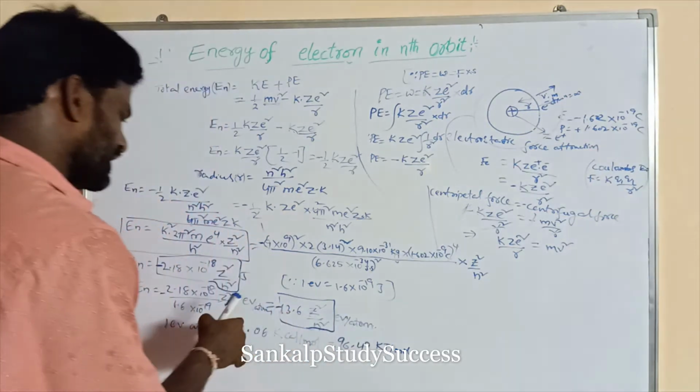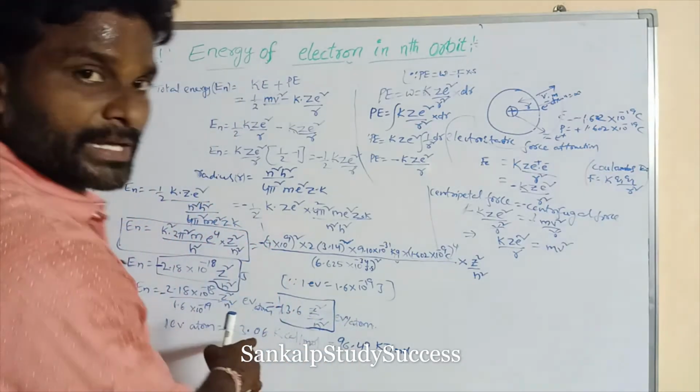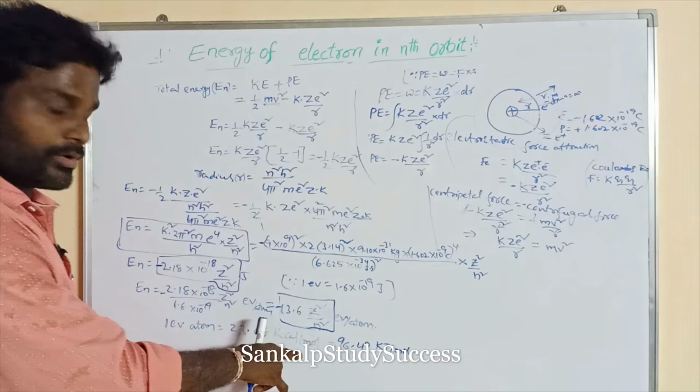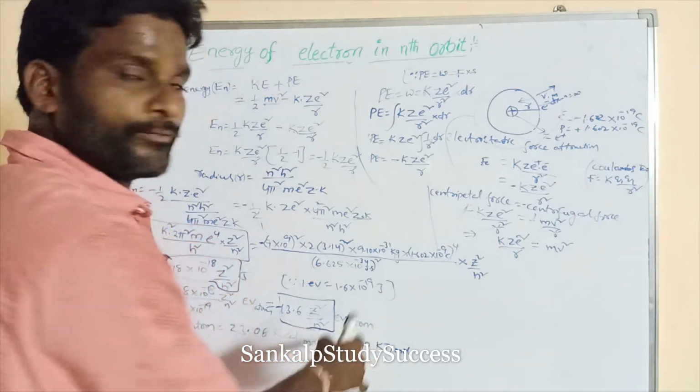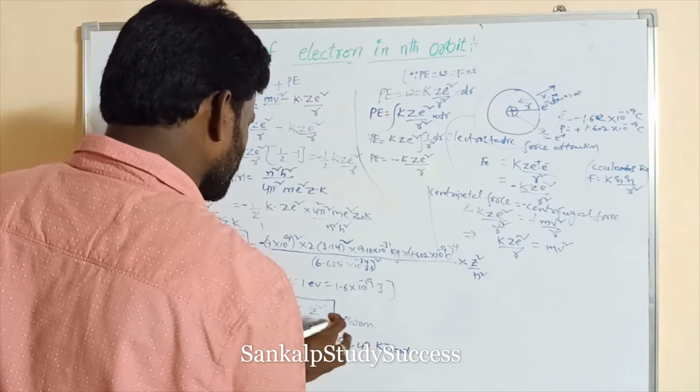This is also written as, if 1 electron volt per atom is equal to 23.06 kilocalorie per mole or 96.49 kilojoule per mole, this value is substituted in this.